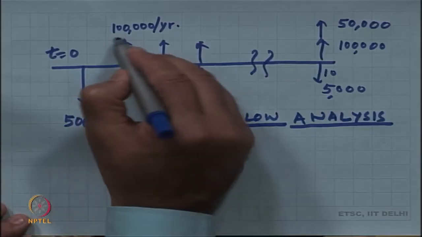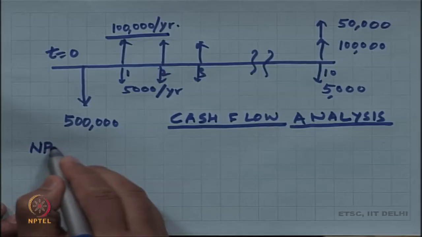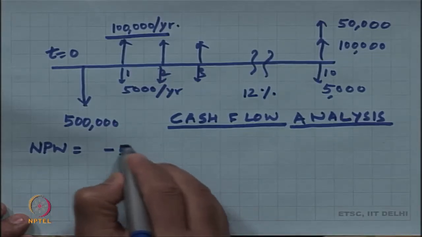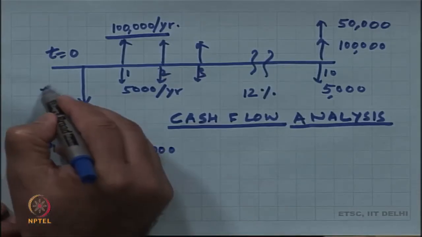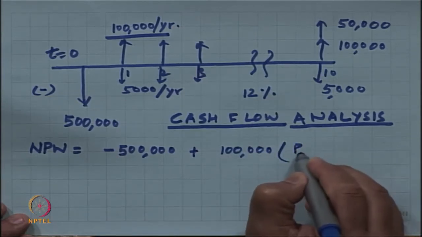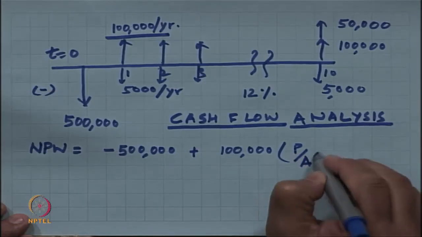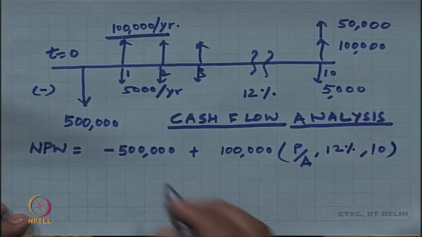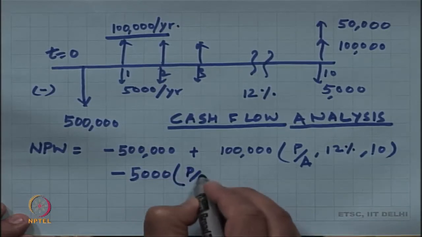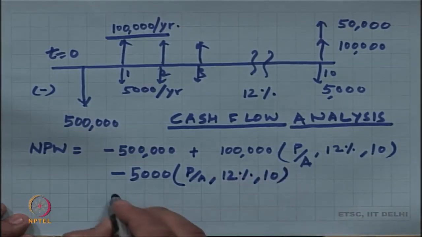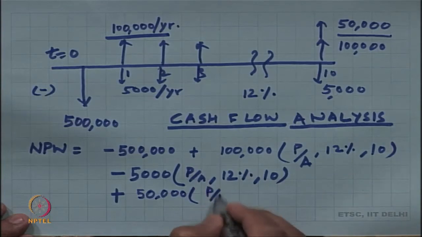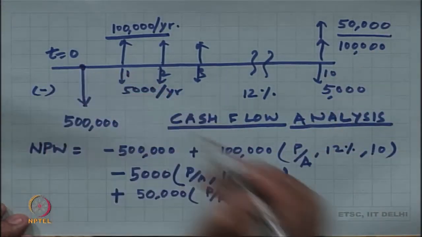So, right now for these estimated values, the net present worth is going to be, interest rate as given is 12%, it is going to be minus 500,000, this is all negative, plus 100,000, we want to find its present worth, we are given annuity P given A for 12%, 10 years, minus these 5,000 which is outgoing, multiplied by P given A 12%, 10, plus for this salvage value, which is 50,000, P given F, this is a future value, we want to find its value at time t is equal to 0.